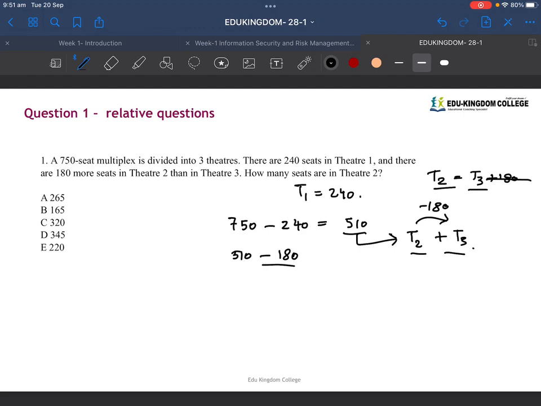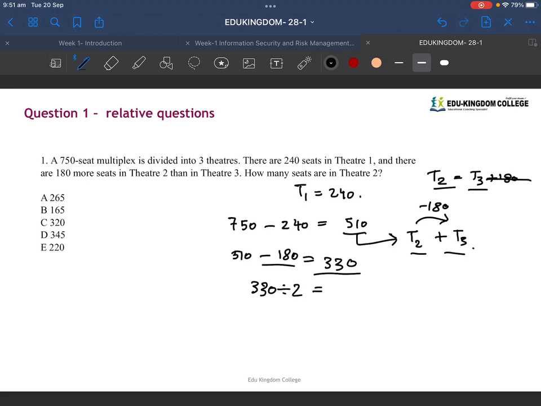And so if they have equal amount of seats, this must mean that whatever number we get, and we get 330, if we divide 330 by 2, we actually get T2 and T3 as equal value. Because remember, T2 used to be 180 more than T3, but since we minus the 180 from the 510, we should get an equal value number of T2 and T3.